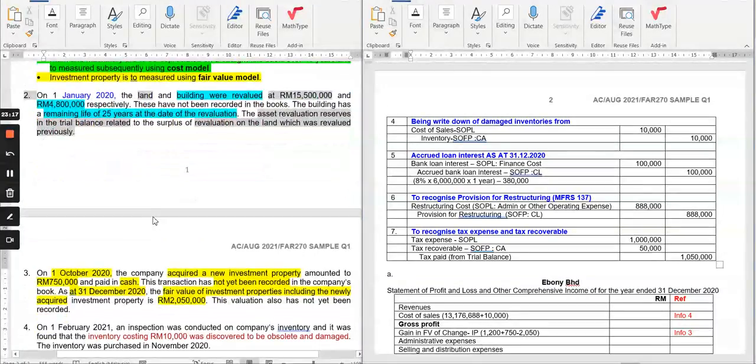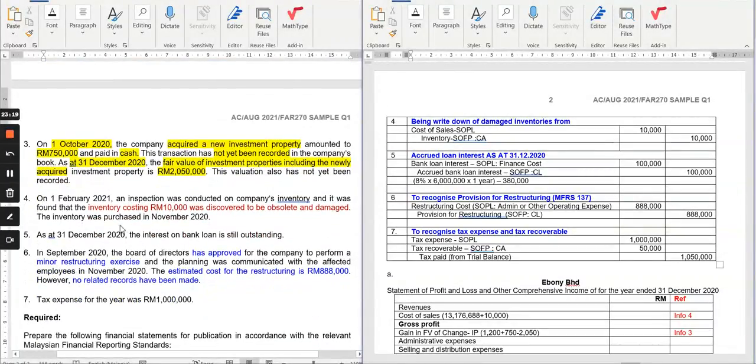So if it's happened before the authorization date, this is also going to be accounted for under MFRS 110, events after reporting period. So you go and treat that as an adjusting entry. Being an adjusting entry, debit cost of sales in the SOPL at 10,000, credit inventory, and the inventory must be reduced by 10,000 later in your software.